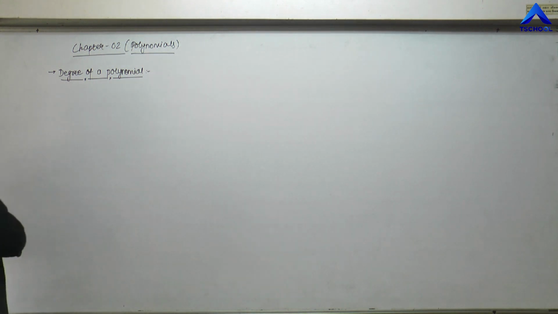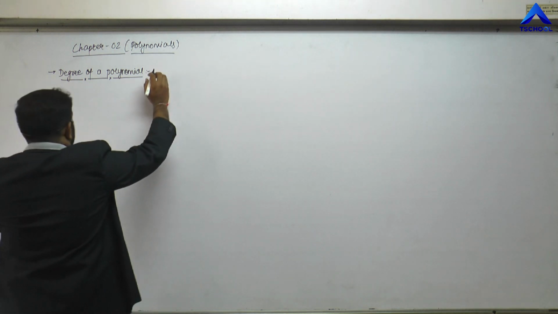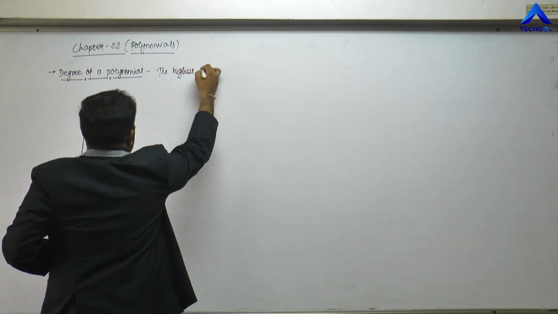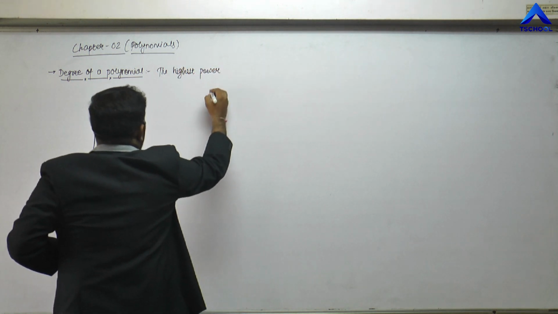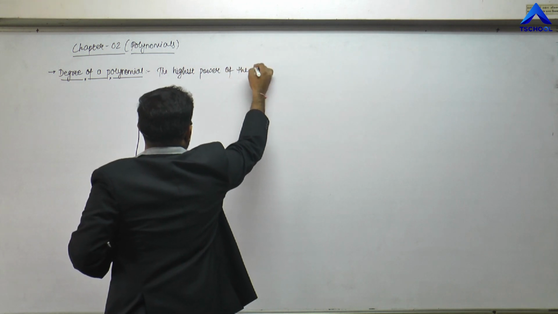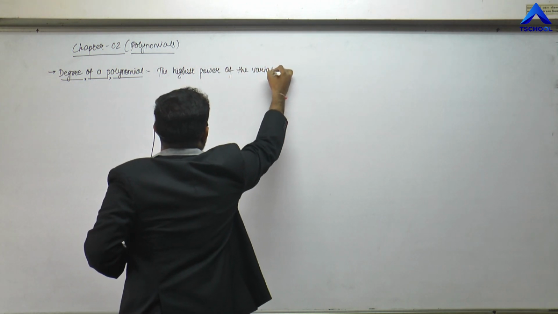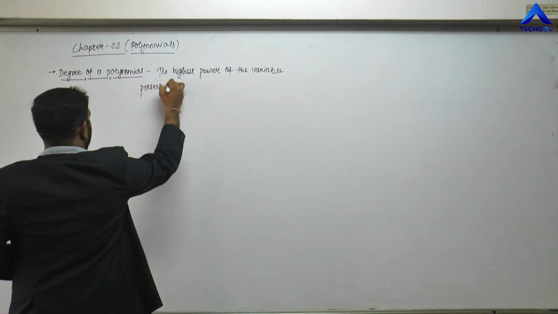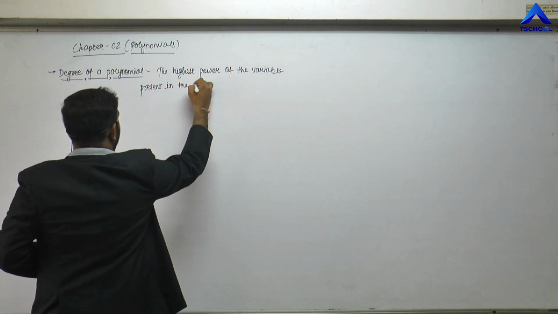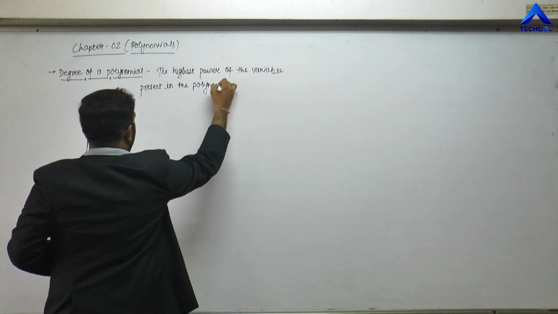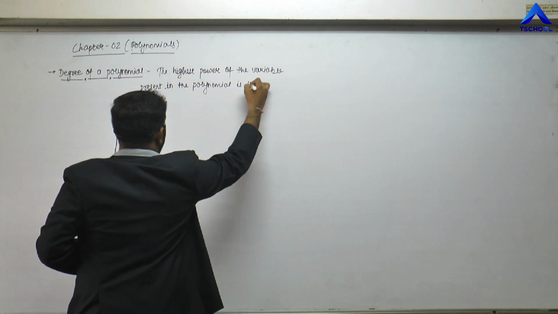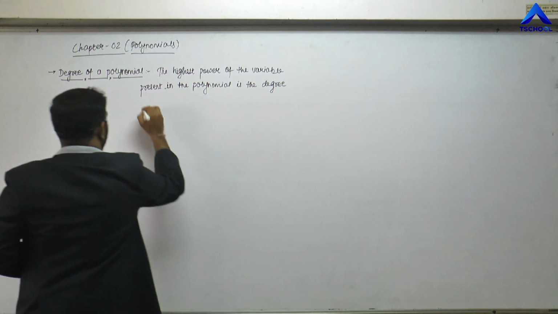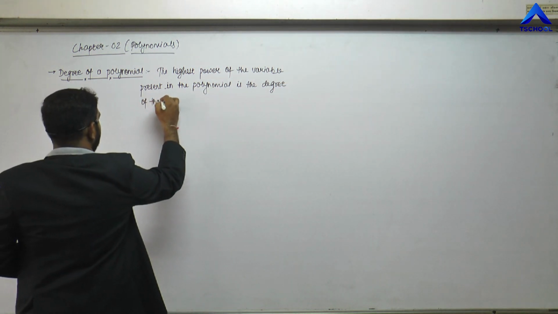Now, the degree of a polynomial is defined as the highest power of the variable present in the polynomial.